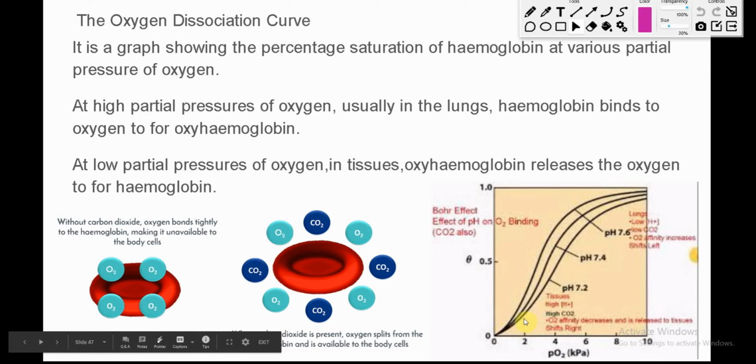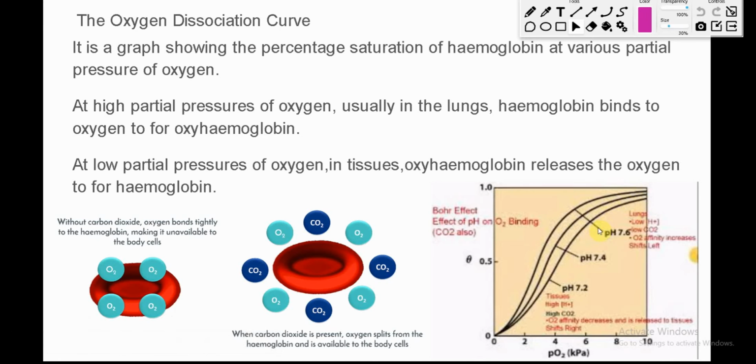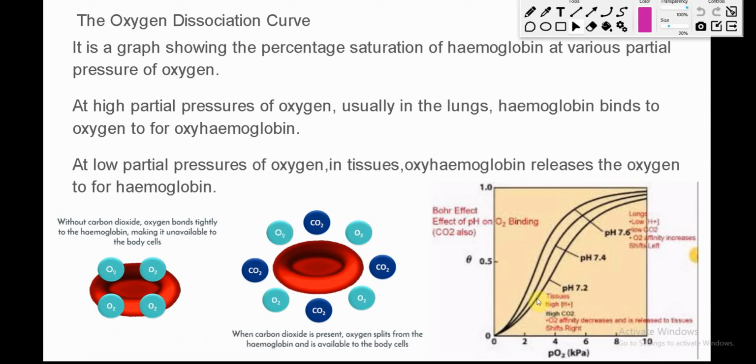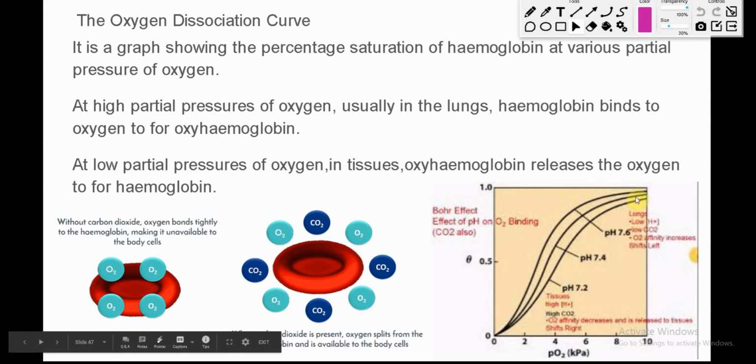In this graph we can see an S-shaped or sigmoid-shaped curve, and at different pH we get different sigmoid-shaped graphs.